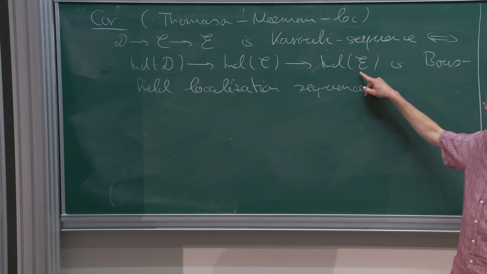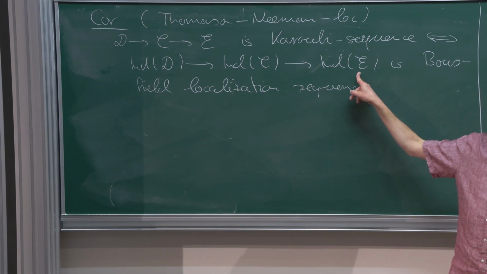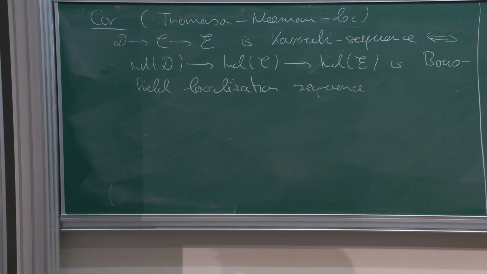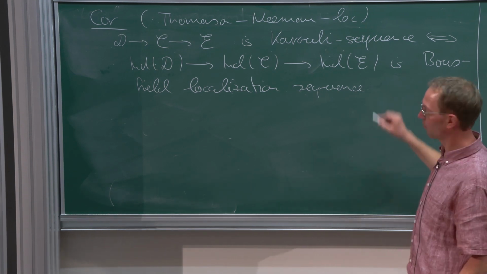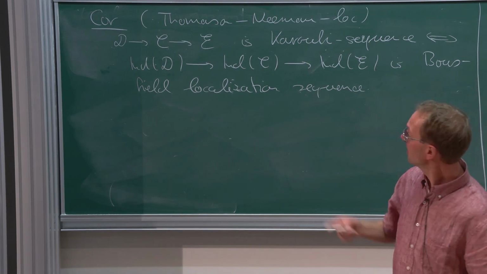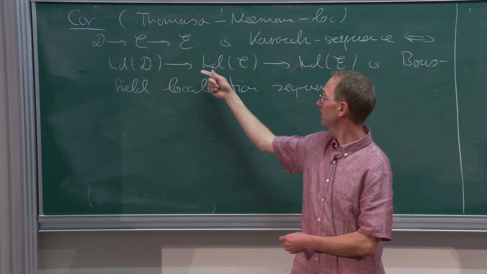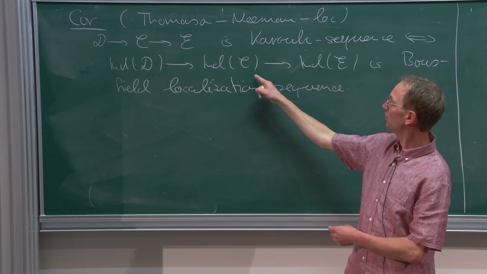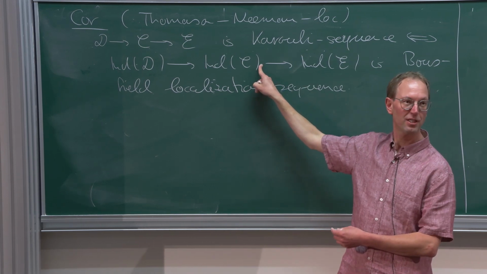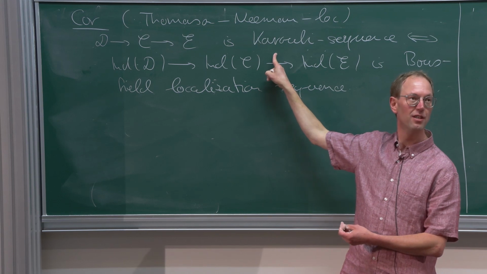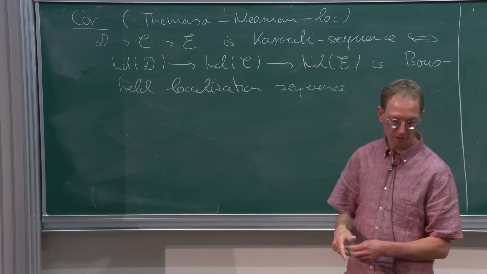So this thing will be equivalent to Ind of C mod D, and then you go back by passing to compact objects. That's the proof of this corollary, and this is the form in which you usually apply this theorem. You have some sequence, and it's often not so hard to prove that this one is a Bousfield localization because you can explicitly write down what the right adjoint is. Okay, and then you pass to compact objects.